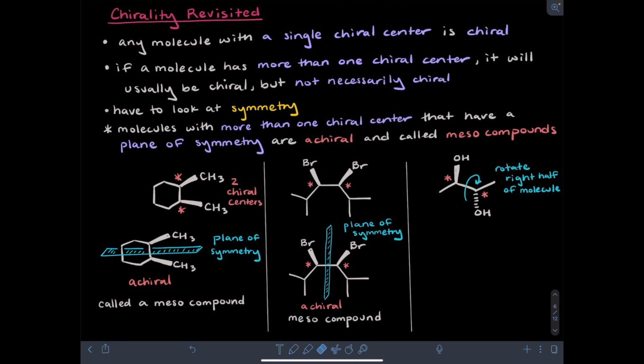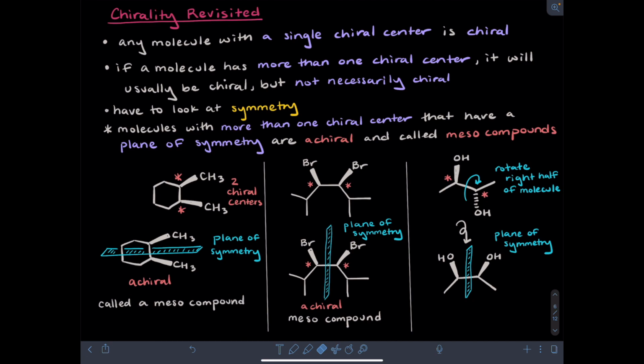What I'm going to do is keep the left half of the molecule fixed and rotate around only the right half of the molecule. After this rotation, my molecule would look like this. My left side looks the same, but now my methyl and my OH group have changed places, and when I flipped the dashed OH group up to the top of the page, it became a wedge.